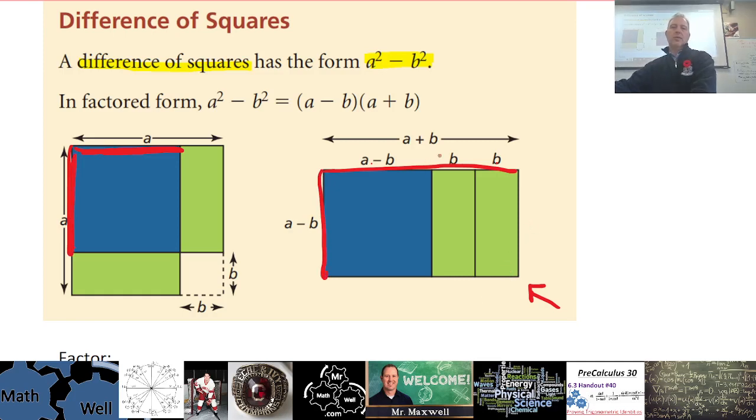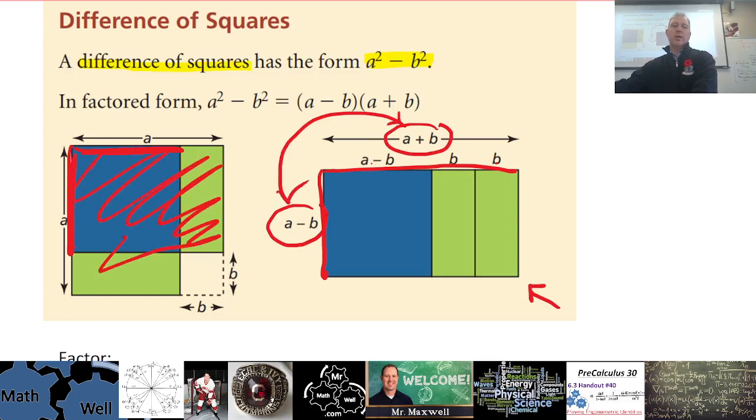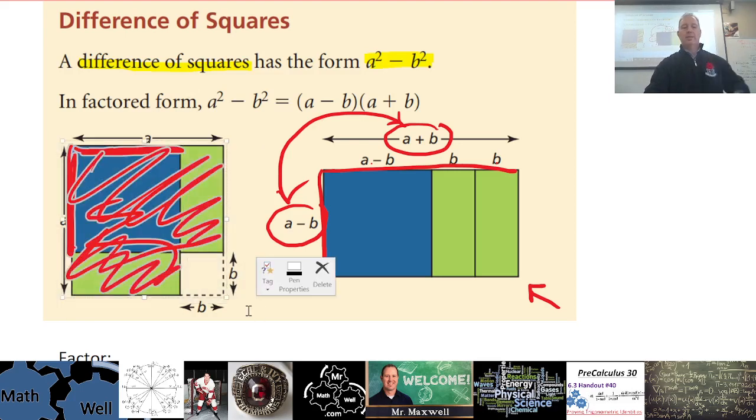And so the whole length simplifies to A plus B, and this width is A minus B. So when you multiply these two together, you get this part, which is actually the same as A squared minus B squared. So visually, that might make a lot of sense to you as to why that is.